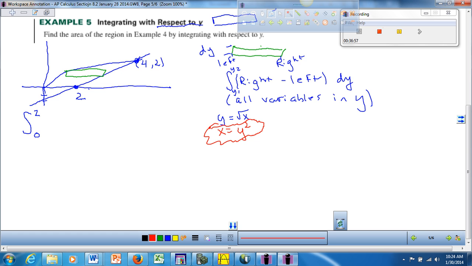And they have x's and y's mixed together, and we cannot integrate with x's and y's mixed together yet. Eventually, but not in here. Okay? And the other equation was y equals x minus 2, and that becomes x equals y plus 2.